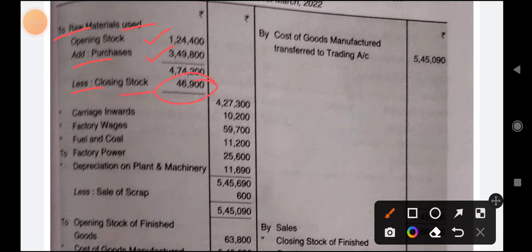So material used or material consumed you will get here. I repeat, opening stock of raw material 1,24,400, purchases 3,49,800. We add purchases to opening stock less closing stock 46,900. This 4,27,300 is nothing but raw material used.